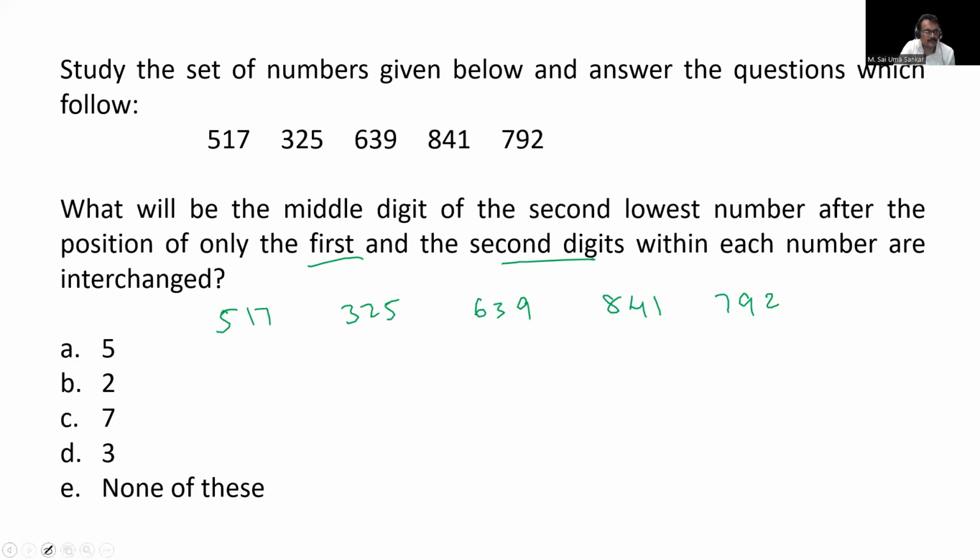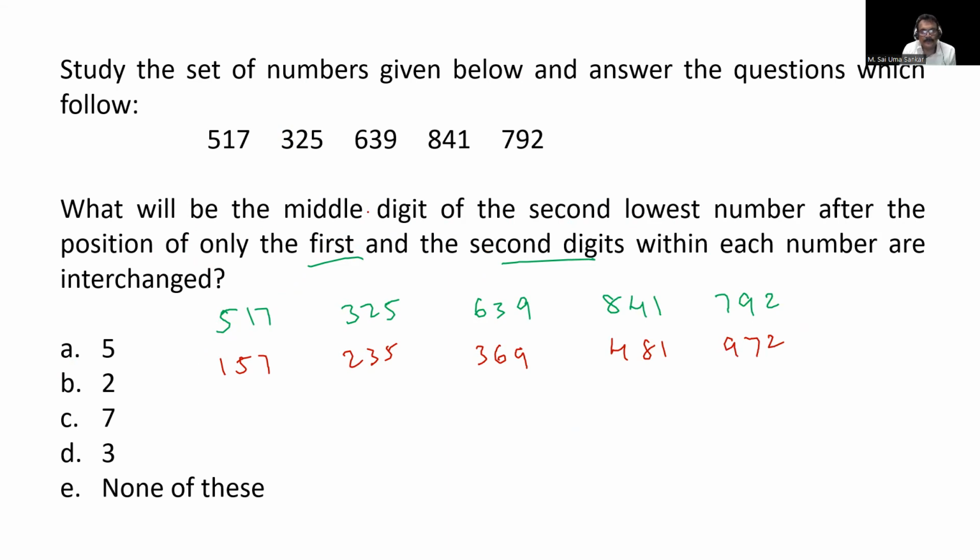Here, the first and second digits interchanged: 157, 235, 369, 481, and 972. Only first and second digit interchange.